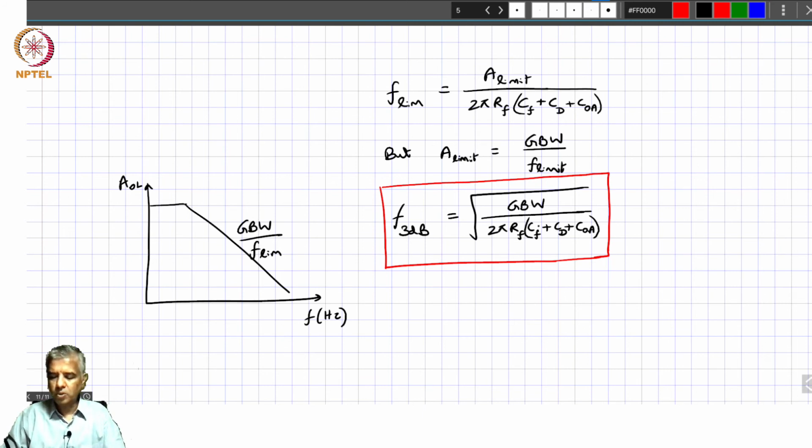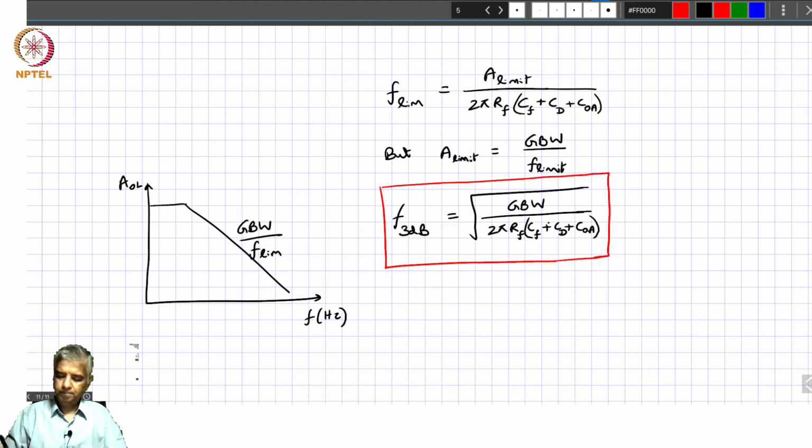So you try to keep these capacitance values as small as possible, okay? And for example, you pick an op amp whose input capacitance is a much lower value compared to these two, so you can neglect this, and you can keep the feedback capacitance, the parasitic capacitance and all that to about 0.5 picofarad.